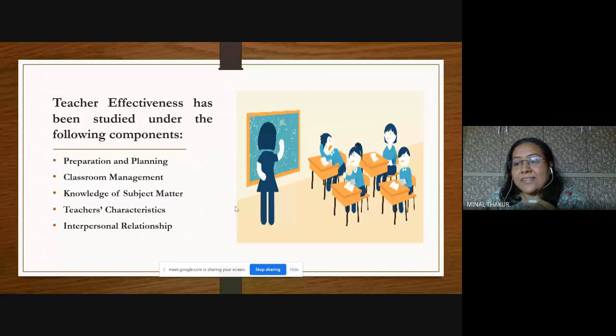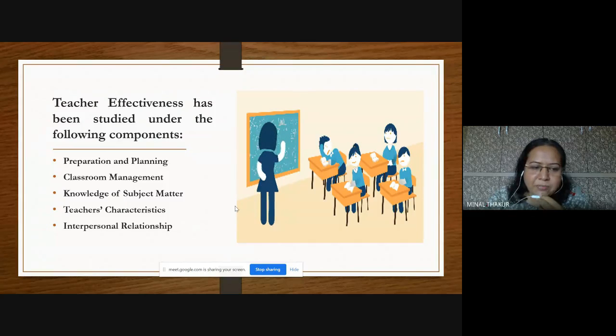So what are the strategies that you use while giving an interest arresting lesson? You have prepared very well, but if the classroom is very noisy, they will not pay attention to your instructions. They will not understand what the chapter is. Or if the classroom is very dull, if there is no interaction, then they will not understand what you are giving. So classroom management and classroom control becomes the other component.